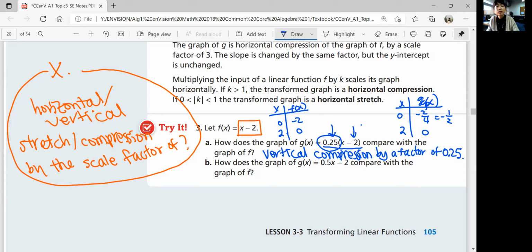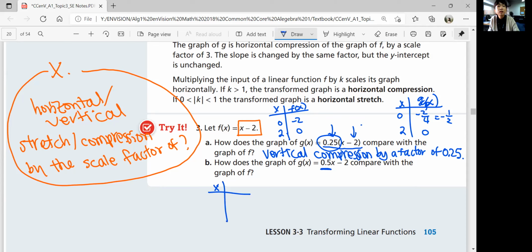How does the graph of g of x, part B, 0.5x minus 2 compare with the graph of f? We have 0.5 here. Is this multiplied to the whole thing or just the input? This is just the input. You do not have the parentheses, so you don't have to multiply 0.5 out with negative 2. It's just with the x. Let's look at some table of values.